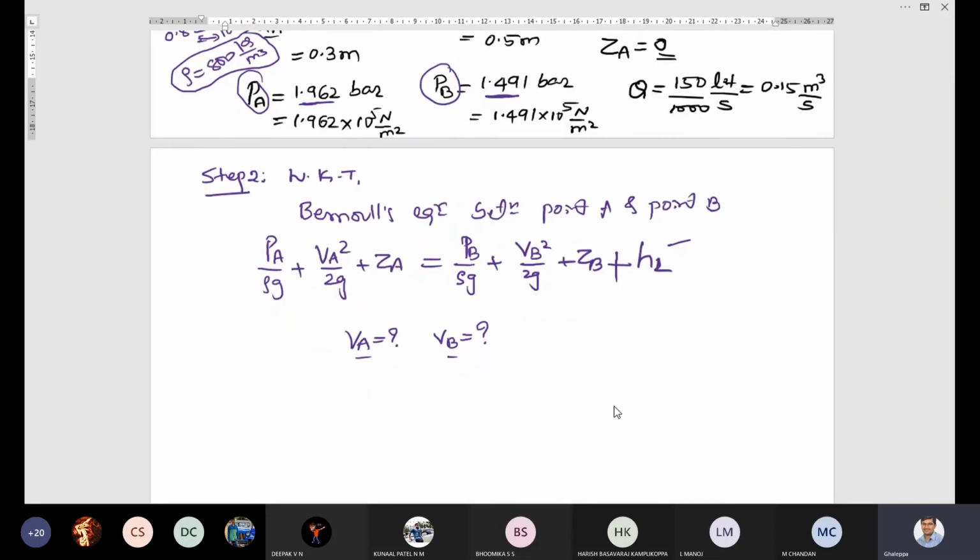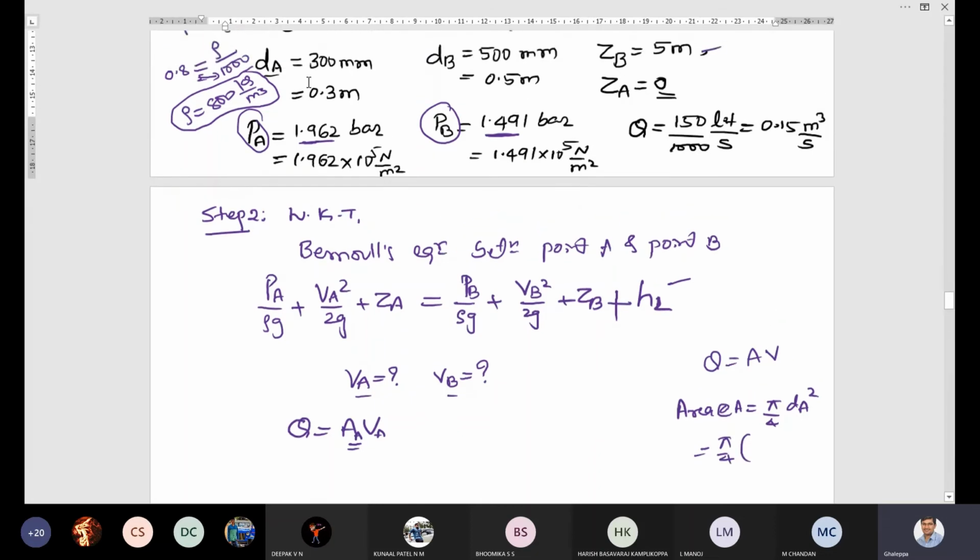To calculate VA and VB, V means velocity. So we know the discharge equation. Discharge is equal to area into velocity. You remember continuity equation. Area at point A, velocity at point A. Has he given area at point A? Directly he has not given area at A. It is pi by 4, diameter at A squared. What diameter is given? 0.3.